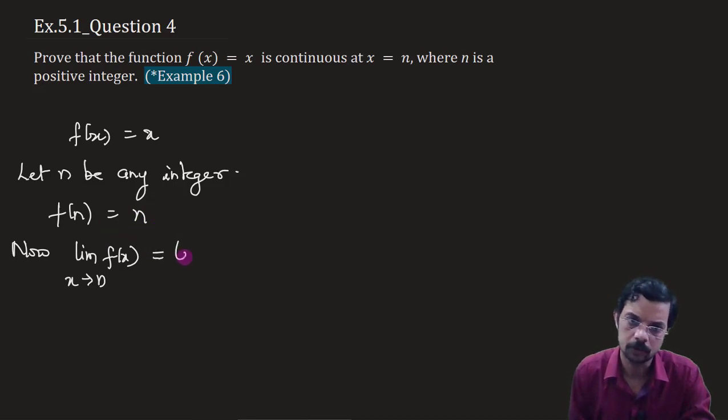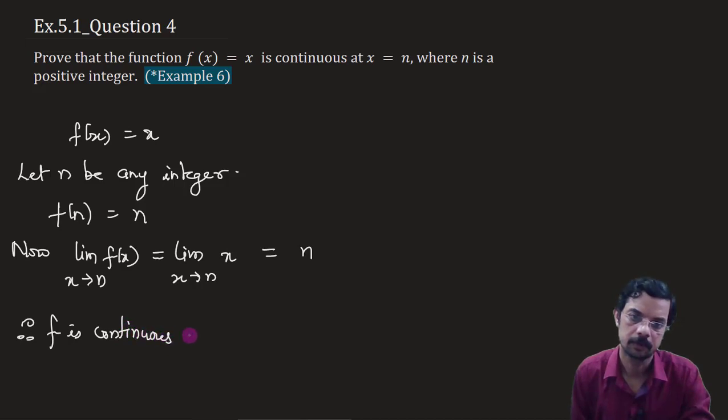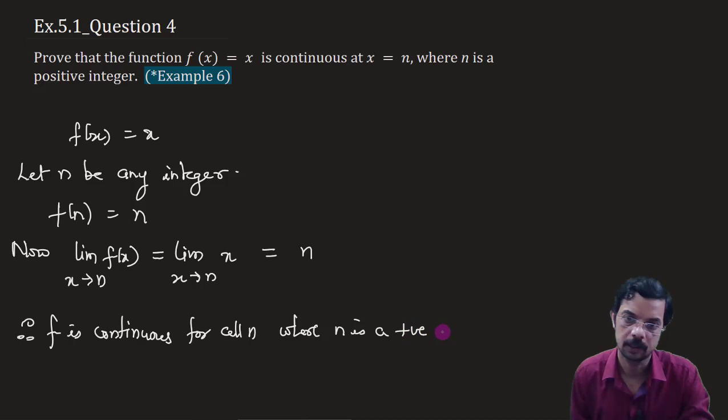So that is equal to limit x tends to n, what is f of x? x, and that is equal to, when you put x equal to n, you get n, correct? So therefore f is continuous for all n, where n is a positive integer.